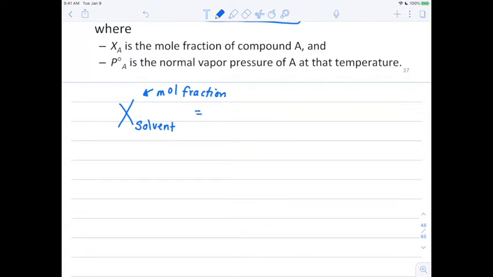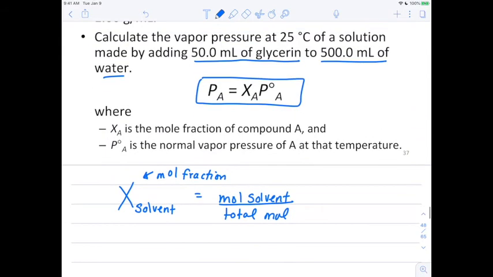So what that means is it will be moles of solvent over the total moles. And again, that trips people up a lot because we're not used to putting the solvent on top.